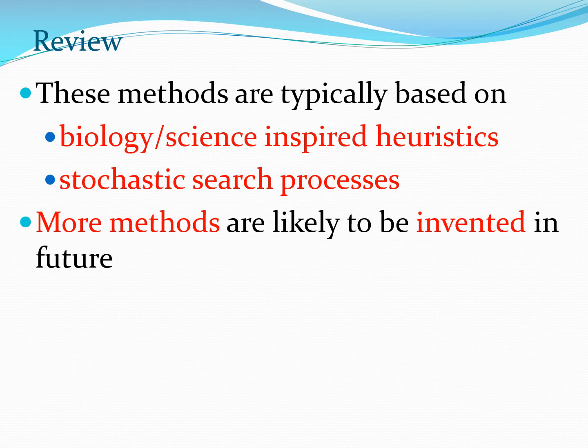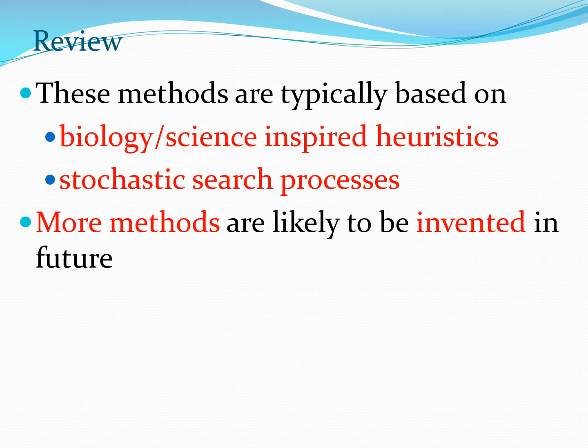Now, one of the things which we see in all these methods is that they are typically based on some biology or science inspired heuristics. So most of them come from biological sources, but some are also inspired from science, which means physics or chemistry, as the case may be.